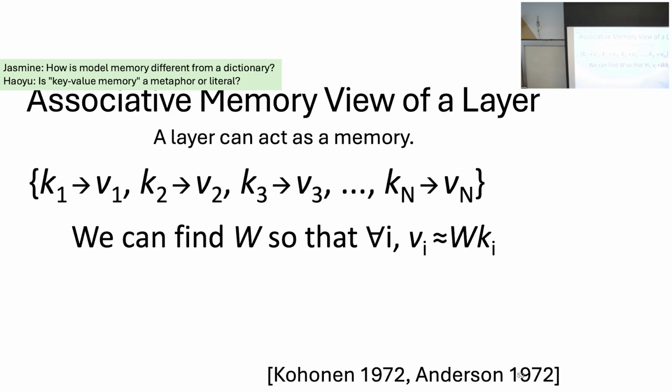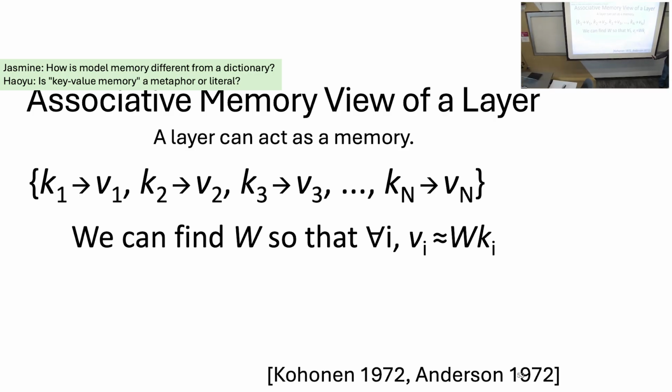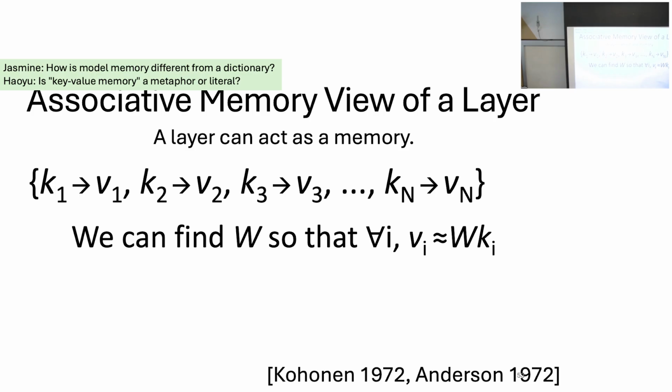This one is kind of literally a dictionary, even though it's not printed on paper. This list that I gave you, definitely, that's a dictionary. It looks very dictionary-like. Once I put it into this W, is that a dictionary? A magical dictionary. It's just linear algebra, right?